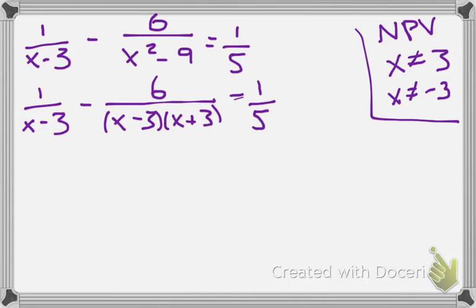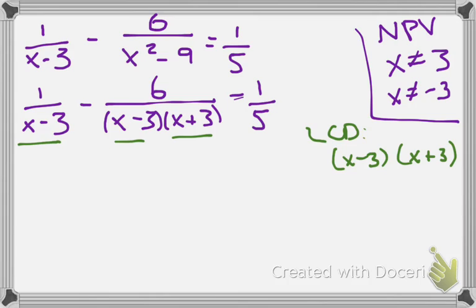Okay, so let's look at our LCD. Our LCD needs to represent everything. So we have x minus 3 included. When we look at our second term, x minus 3 is there. It's got to include x plus 3. And last but not least, it's got to include a 5.